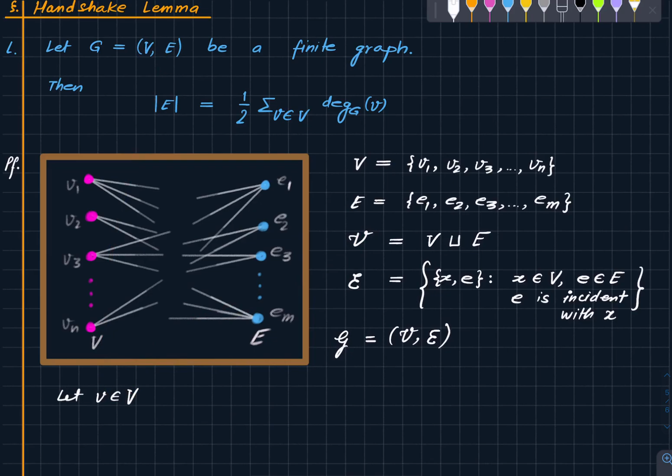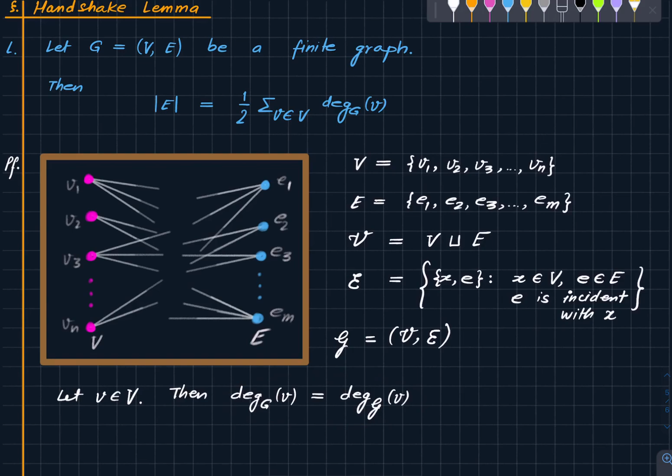So the observation that we want to make is that the degree of v in the old graph is same as the degree of v in our new graph. This is a very simple observation. What is the degree of v1, let's say? You're asking how many edges v1 is incident with, and then drawing as many edges as are incident with it. That is precisely the definition of the degree of v1 in the original graph. How many edges v1 is incident with? So this is a very simple observation.